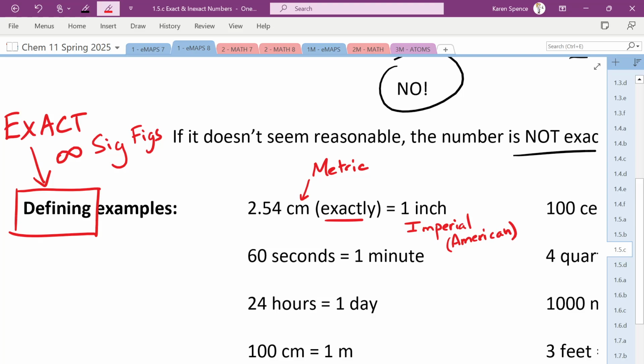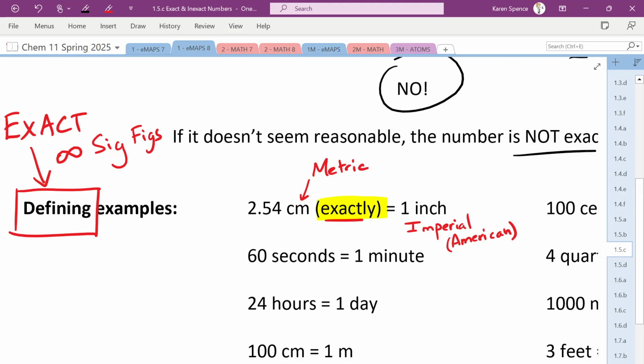Okay, now you are not expected to remember that this is an exact number. Anytime you are given this equality, 2.54 centimeters and 1 inch, you will be told that this 2.54 is exact. Yes? Therefore, if you're like, is that number exact?